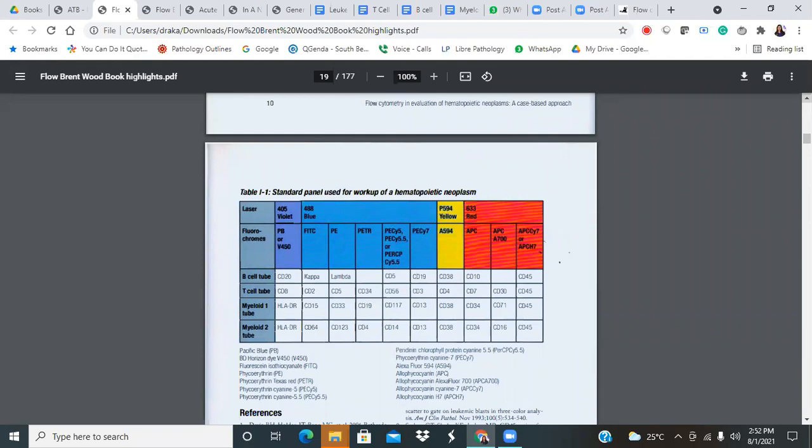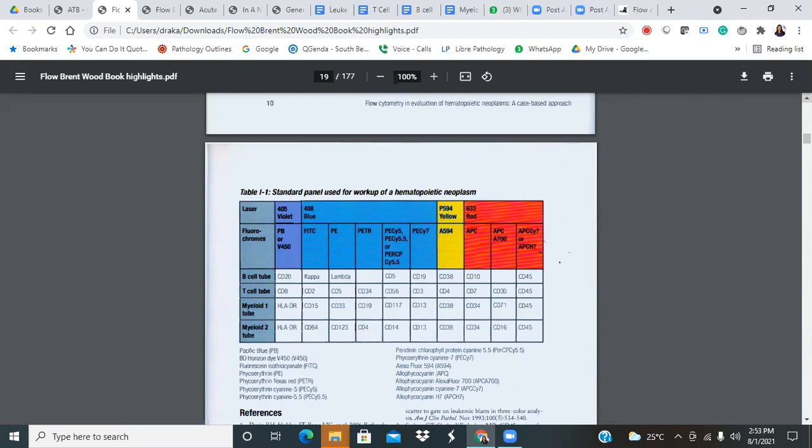Also, if you're using a 10 color equipment, when you standardize, you should make sure your fluorochrome combinations work very well without any compensation issues or spill, and then you cannot change after that. That's why, when you use your panel, they will usually not use two antibodies of the same fluorochrome in one tube.